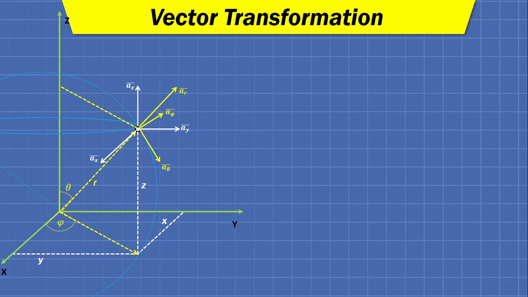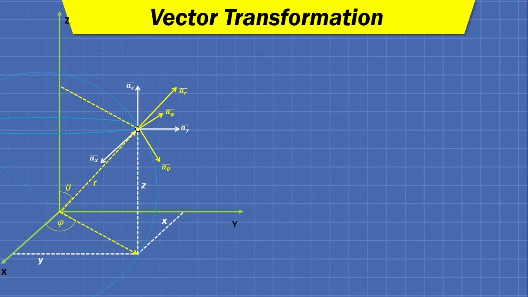Now here in 3-dimensional space, it is very difficult to determine a direction directly. So one easy solution is to take a projection of the vector on the horizontal plane, because our mind is very comfortable visualizing angles on a horizontal plane. Here in this case, the xy plane is our horizontal plane.